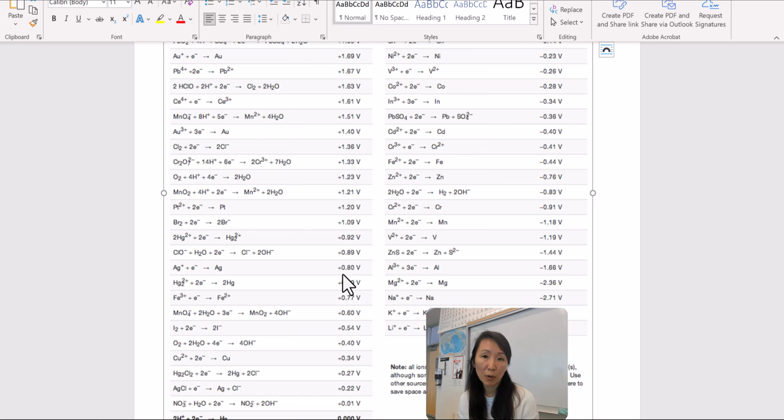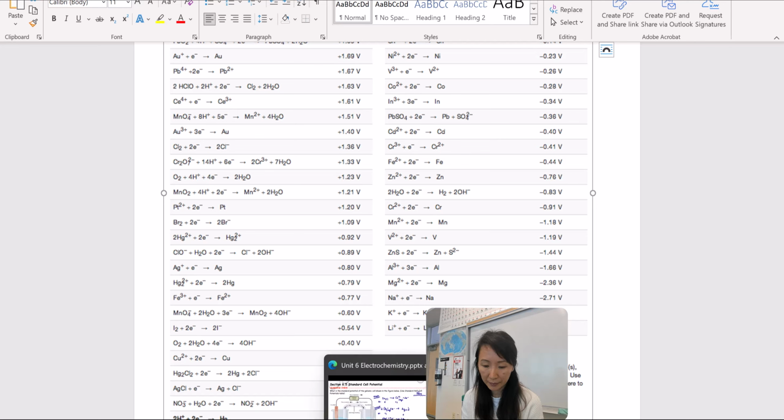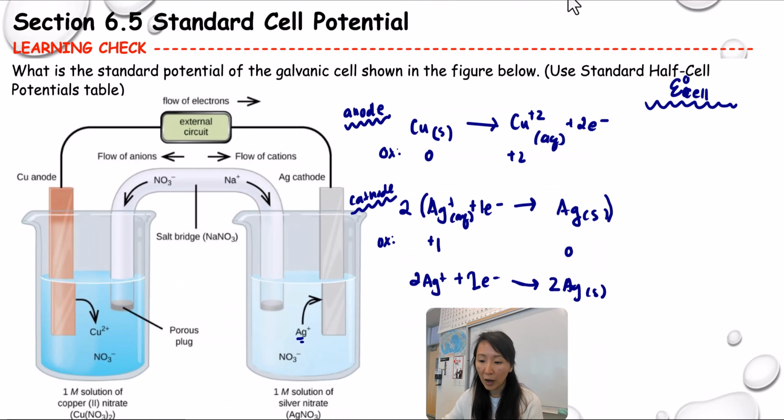Let's take both of those values and place them into our PowerPoint. So for copper, it's not positive 0.34, but rather negative 0.34 volts. For silver, it was 0.80 volts.